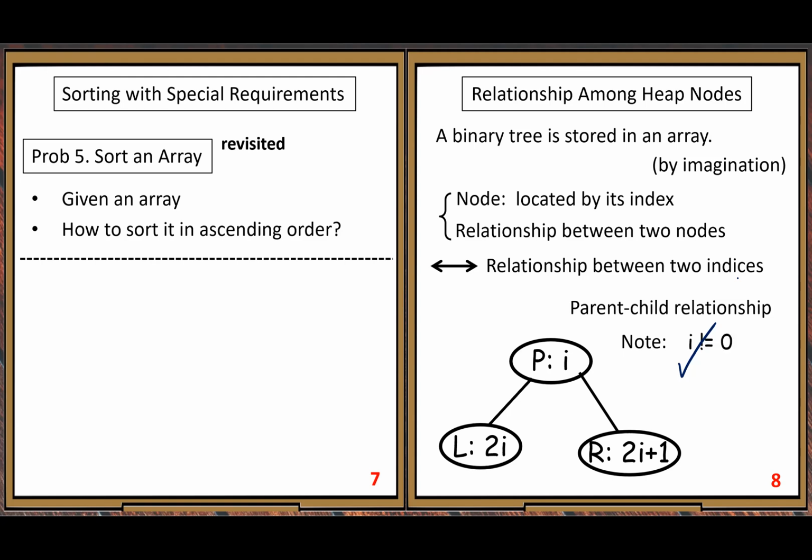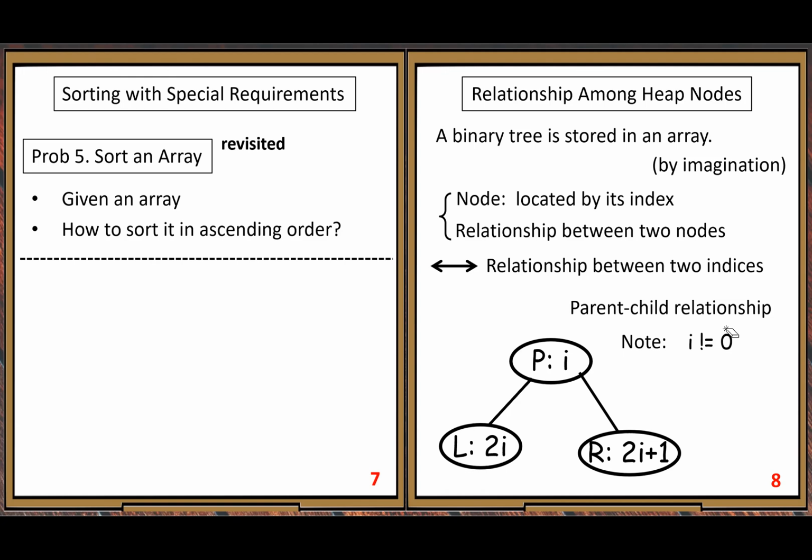But there is one little thing we need to be careful about: index 0. Index 0 cannot be used when we do this kind of arrangement. We cannot use the node with index 0. Why? When you double 0, you still get 0, so the child and parent would be the same node.